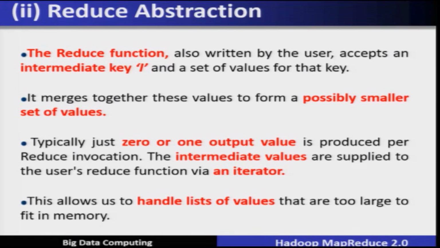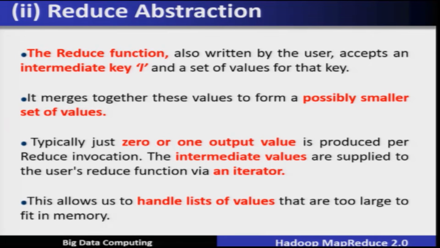It merges together these values to form a possibly smaller set of values. Typically, just 0 or 1 output value is produced per reduce invocation. The intermediate values are supplied to the user's reduce function via an iterator. This allows us to handle lists of values that are too large to fit in memory.